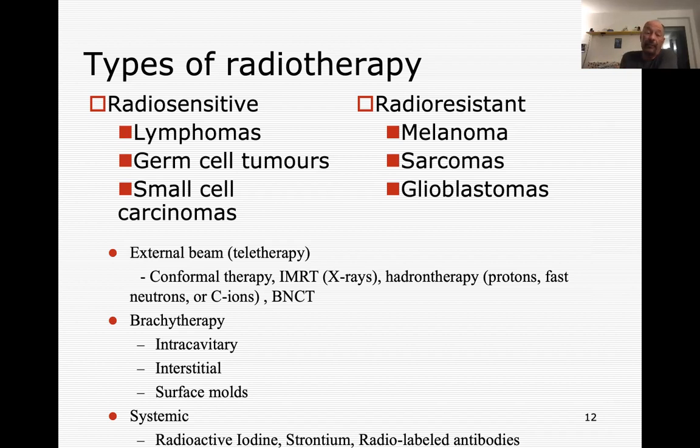In other cases, like for iodine or radiolabeled antibodies, this is curative, but we will touch systemic radiotherapy when we talk about nuclear medicine. This is more about the use of radioisotopes in medicine. In this lecture here, we will focus on brachytherapy and teletherapy.